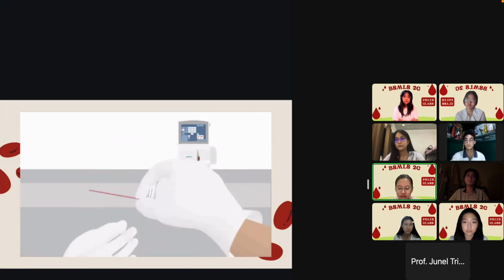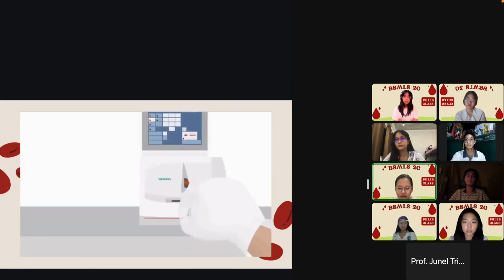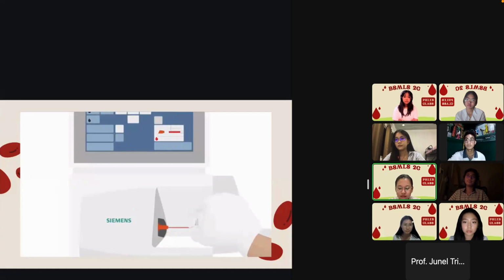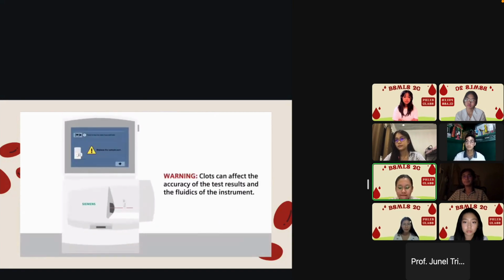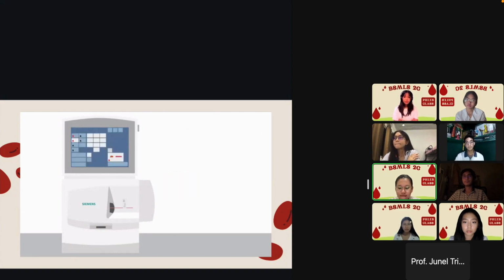Do not expel any blood onto a gauze pad to ensure sufficient sample volume for analysis. Present the capillary sample to the analyzer and start analysis. Recognize that a sample containing blood clots should not be used on the blood gas analyzer because it can affect not only the accuracy of the patient results, but also negatively impact the operation of the blood gas analyzer.